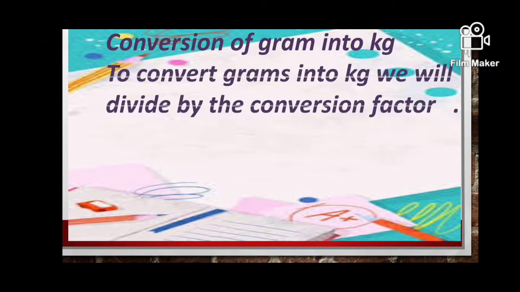Now conversion of grams into kilogram. My dear students, you all know very well, to convert grams into kilograms we will divide, because when we convert the smaller unit into the bigger unit, we will divide by the conversion factor, and the conversion factor is 1000 gram is equal to 1 kilogram. The conversion factor is 1000.